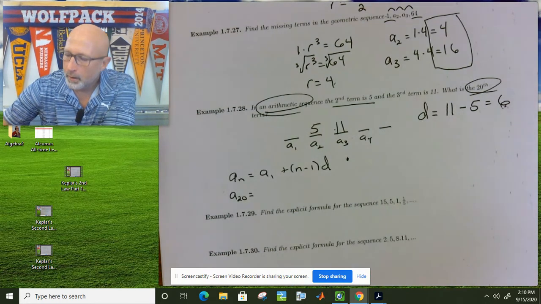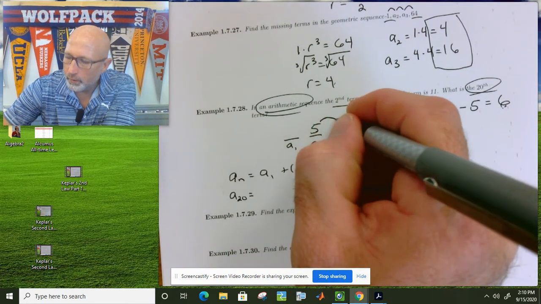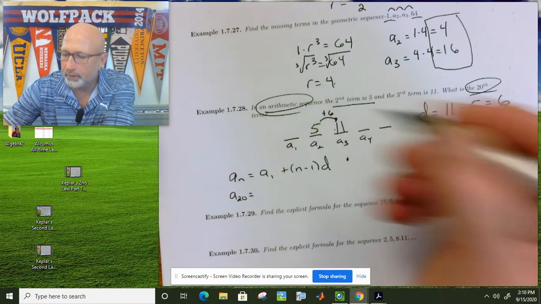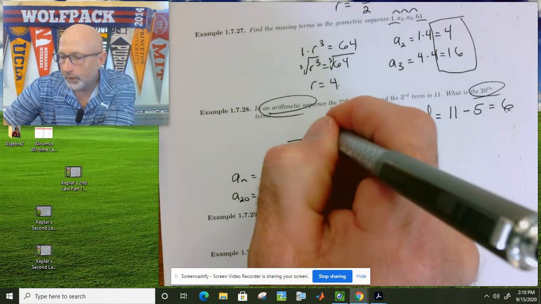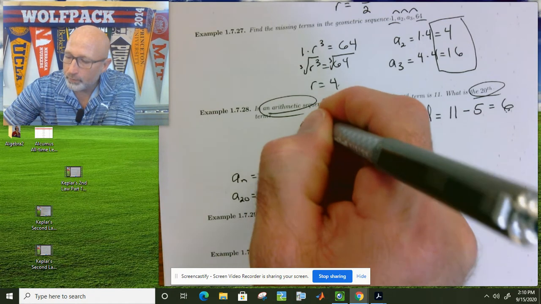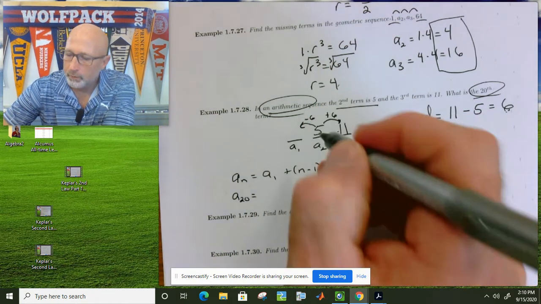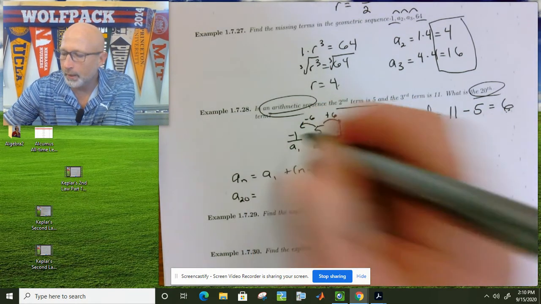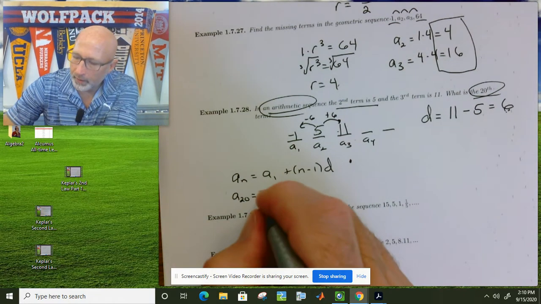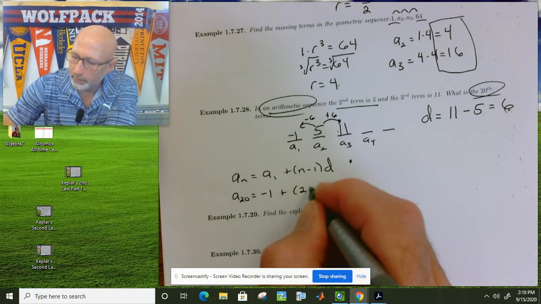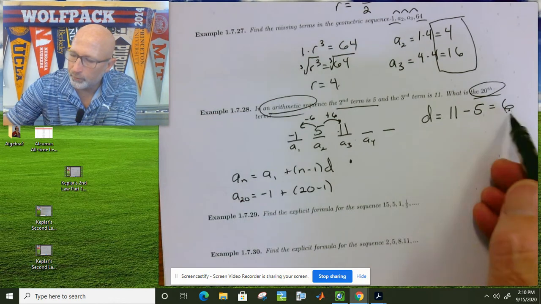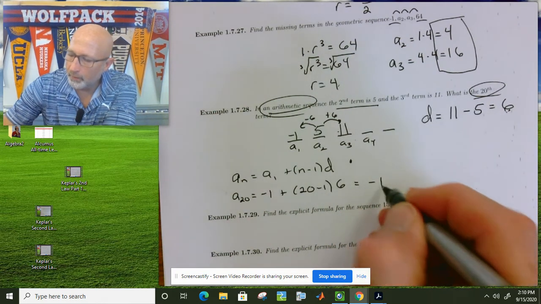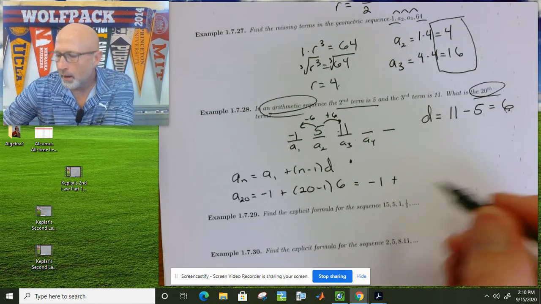So I want to find a of 20. Well, that's equal to a of 1 plus... oh wait, I don't know what a of 1 is. Going forward, you add on 6 every single time, so going backwards, I would subtract 6. So 5 minus 6 gives me negative 1. So this is negative 1 plus 20 minus 1 times the common difference, which is 6.